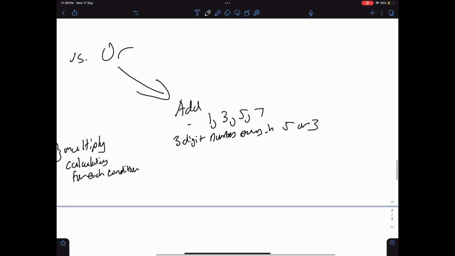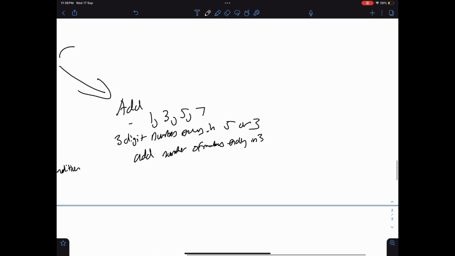Then what you would do is you would do the number of numbers that end in three, and then you'd add that to the number of numbers ending in 5. So we will leave combinations to the next video.